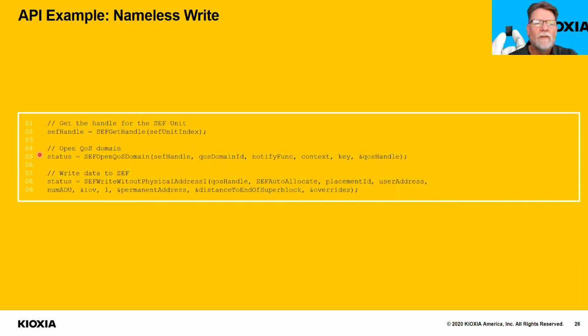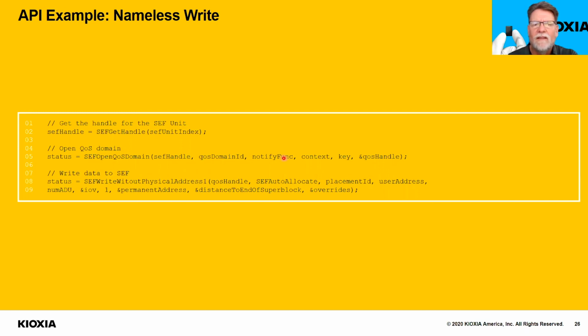Next, we're going to open a previously created QoS domain. And so we're going to call SEF open QoS domain. We're going to pass in the handle so it knows which unit we're operating on. We're going to pass in the ID of the QoS domain we want to open.